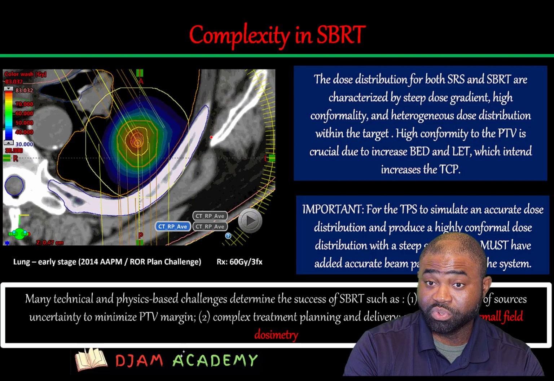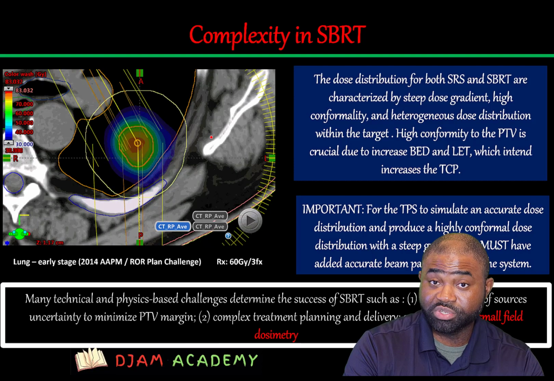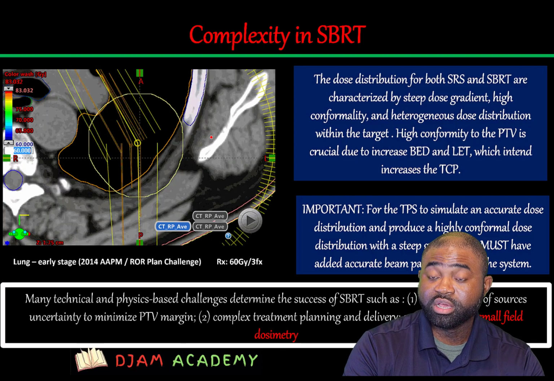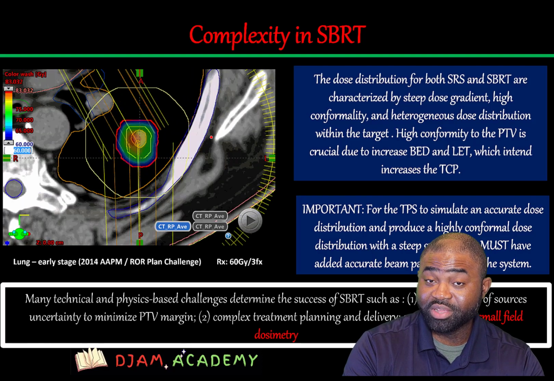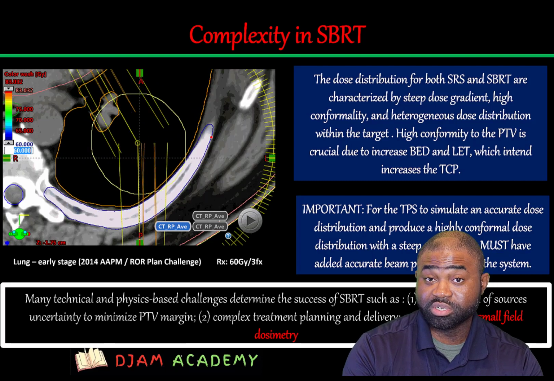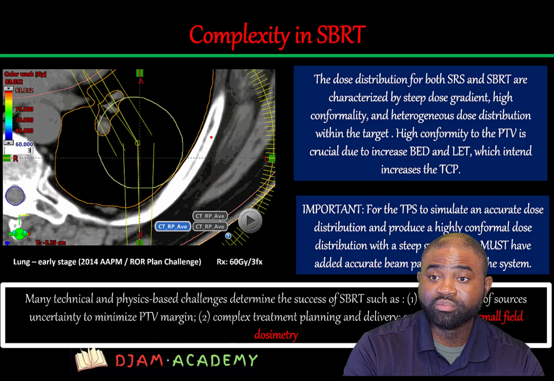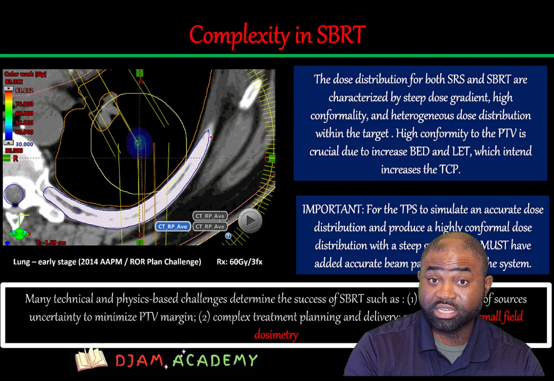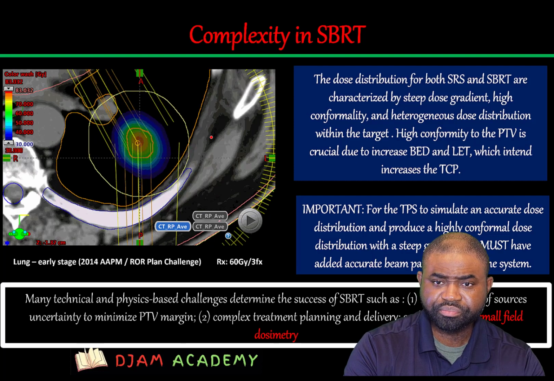We know why it's important. We need to be able to spare the surrounding organs at risk. It is also characterized by high conformality, and also, as we will discuss in another part of this series, the dose distribution within the target itself is highly heterogeneous, and it is actually encouraged.